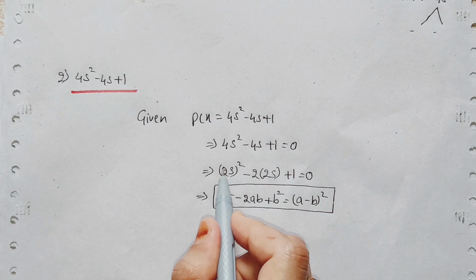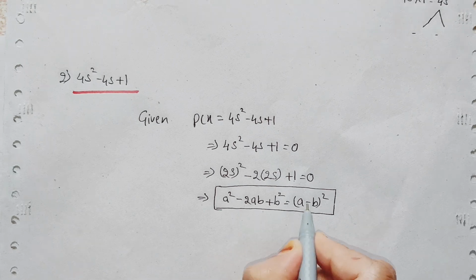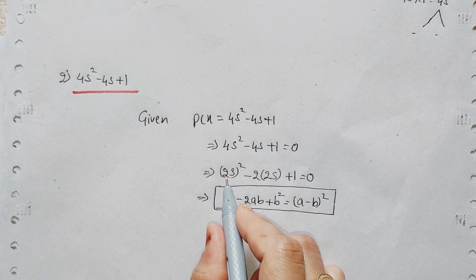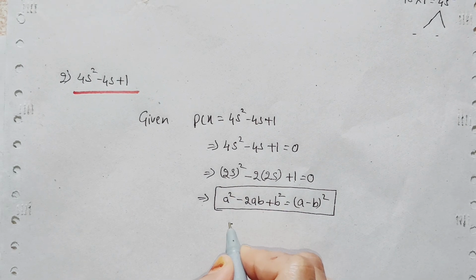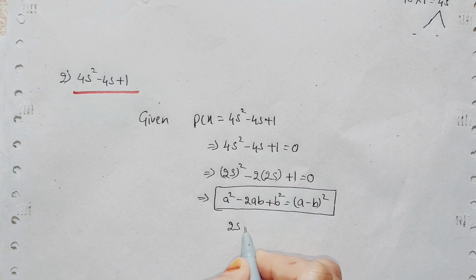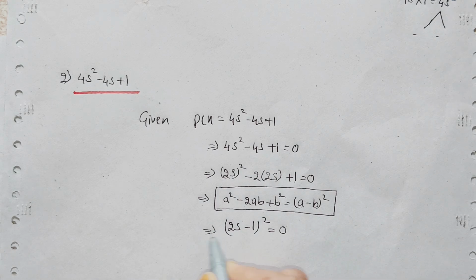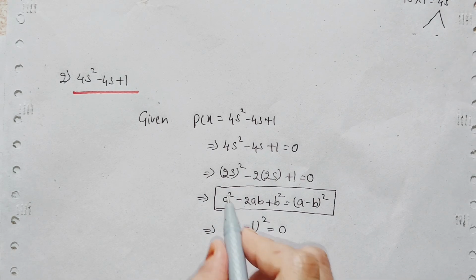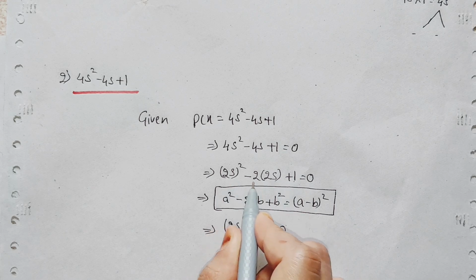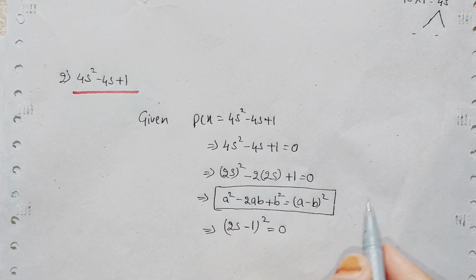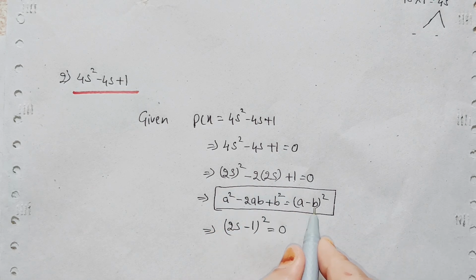Okay, instead of this, I can write a minus b whole square. What is a here? Here a is 2s. Okay, 2s minus. What is b here? 1. 2s minus 1 whole square equal to 0. Have you understood this step? So this is in the form of a square minus 2ab plus b square, so I write it as a minus b whole square.